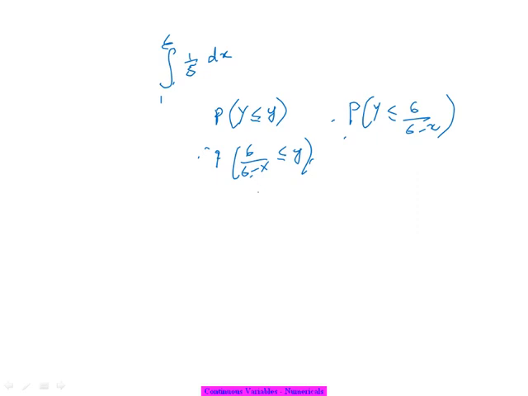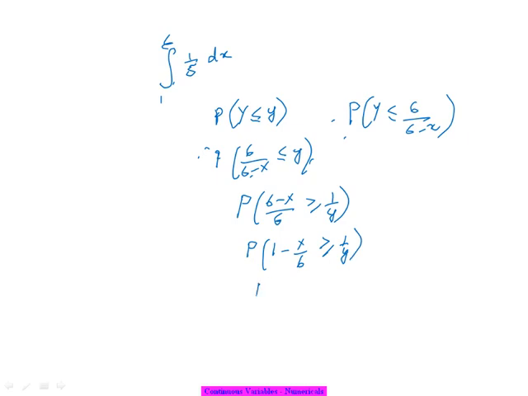Okay, so here I have to write it in form of x. If I write this, P of (6 minus x) by 6 greater than or equal to 1 by y, I can write this like this. Again, P of 1 minus x by 6 greater than or equal to 1 by 5.